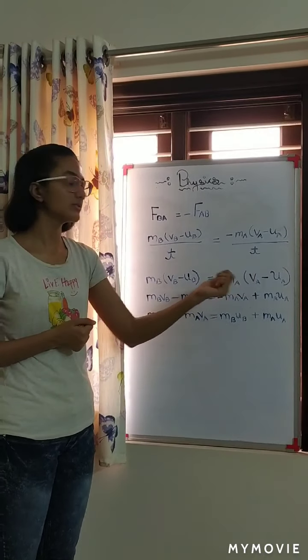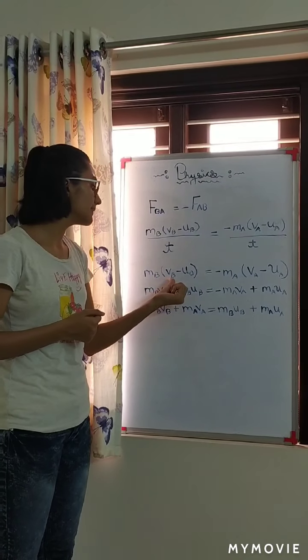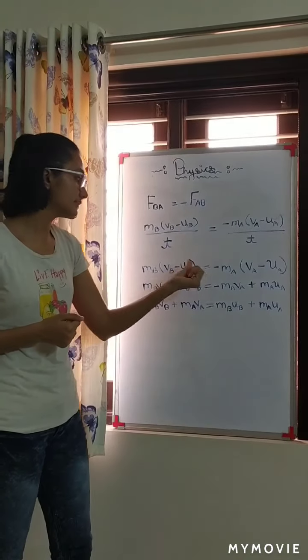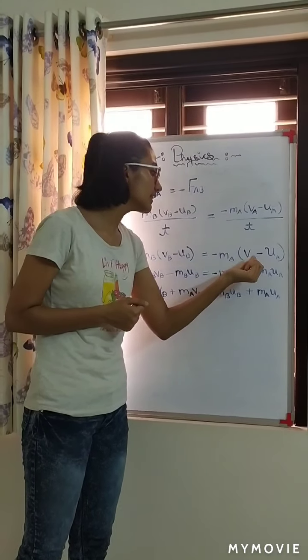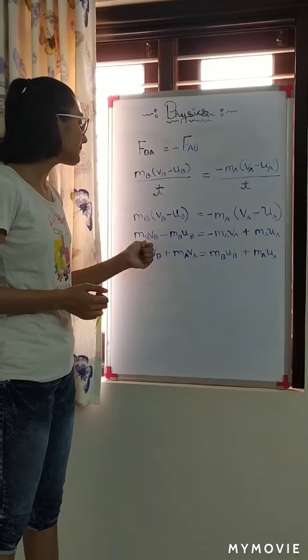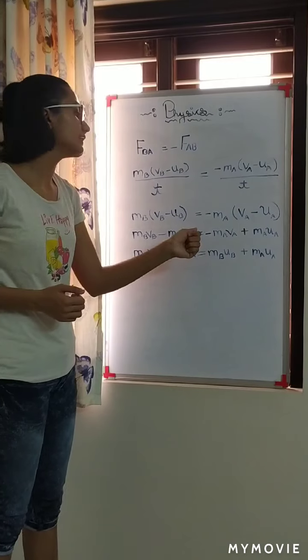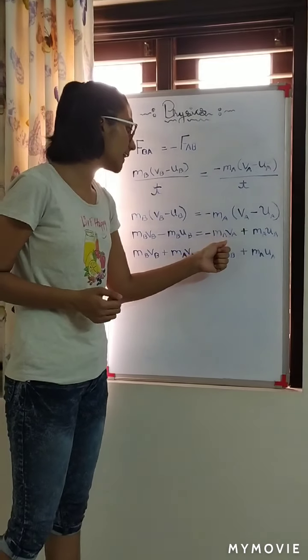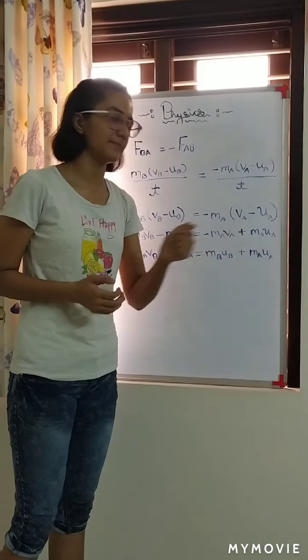t gets cancelled out and we get Mb(VB − UB) = −Ma(VA − UA). We can say that Mb·VB − Mb·UB = −Ma·VA + Ma·UA.